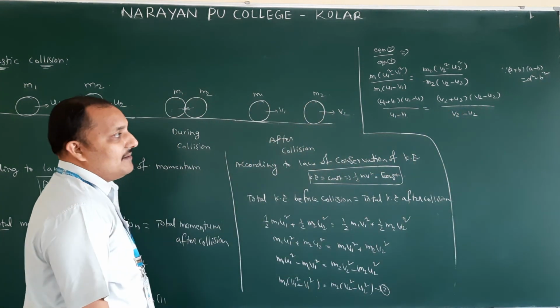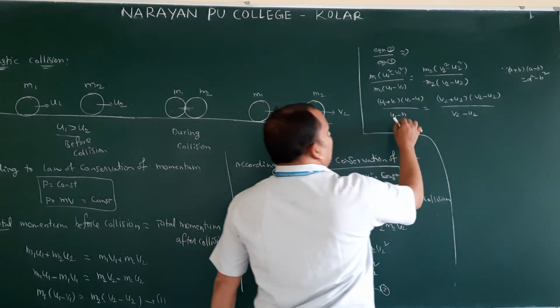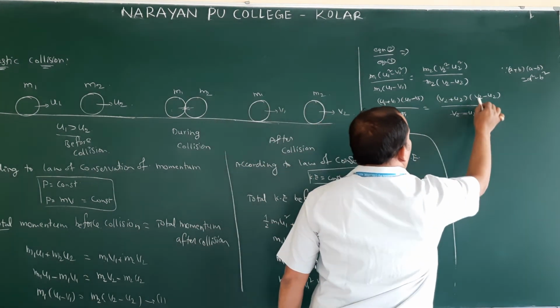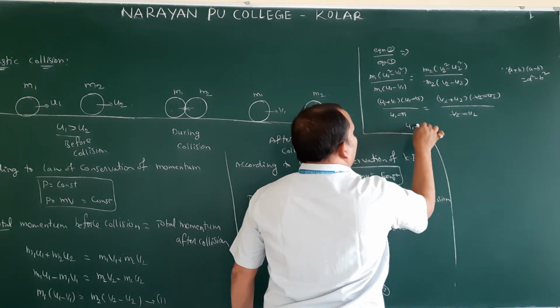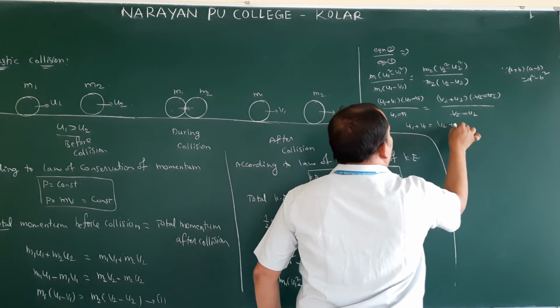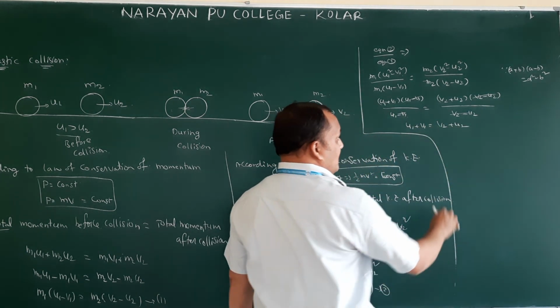That is a formula you already came to know in mathematics. Now see here, these two will be cancelled. And what will be remaining? u1 plus v1 is equal to v2 plus u2.